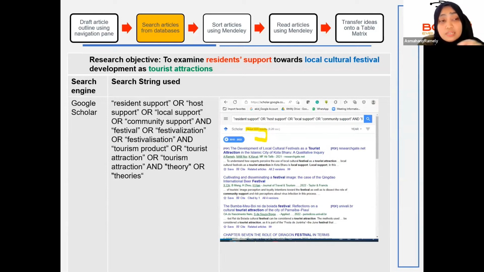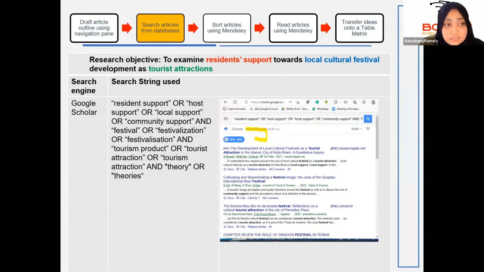Because when we read the related articles, we can see that previous researchers consistently use these words. They are looking at the residents, but sometimes they use the word host, sometimes local, and sometimes community. So we identify resident support, host support, local support, and community support. That is our first keyword.